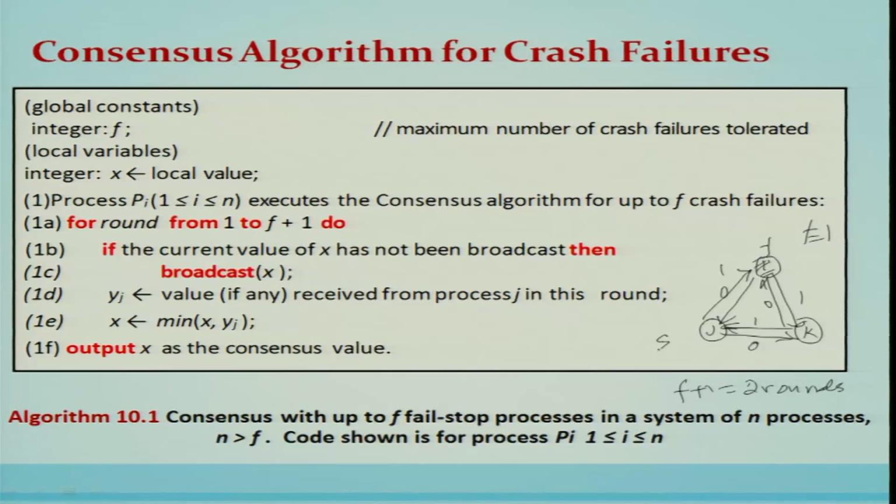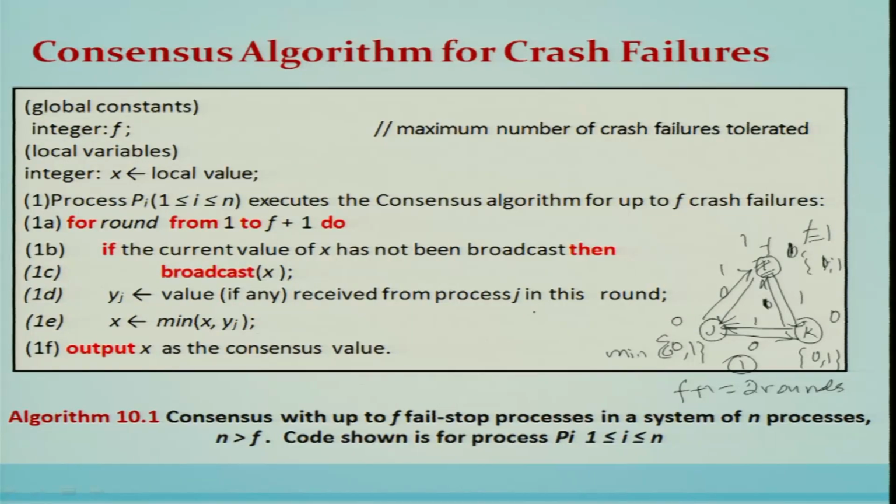So you can see that each will receive 0 and 1, and if you take the minimum, all will have 0, 0 and 0. If the faulty process sends 1 back to one of them, then it receives 1 in that case. So it is 0, 0 and 1. This is round number 1.